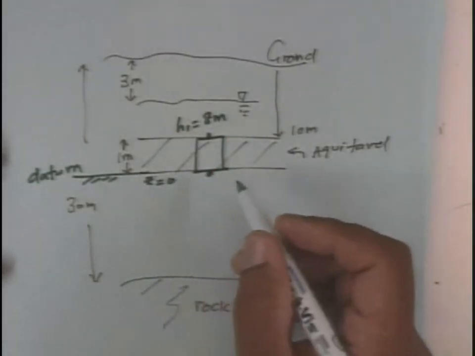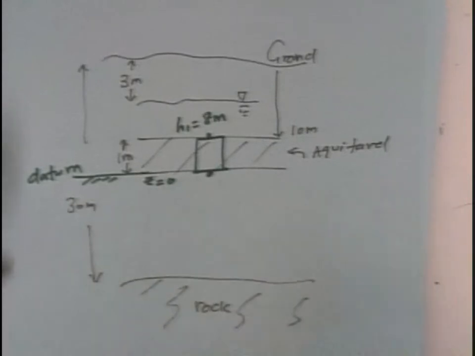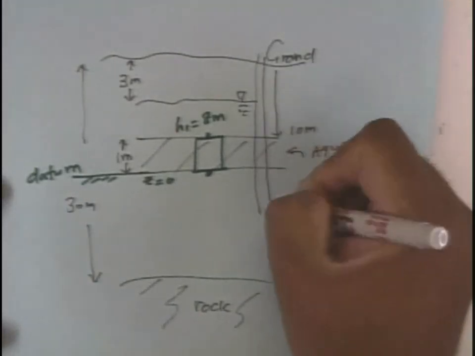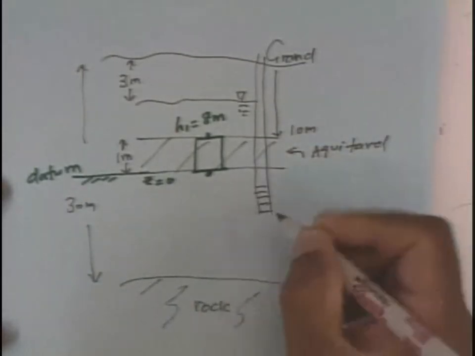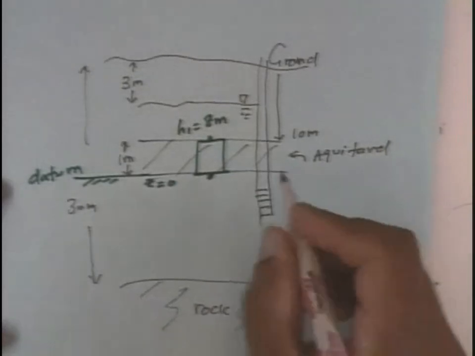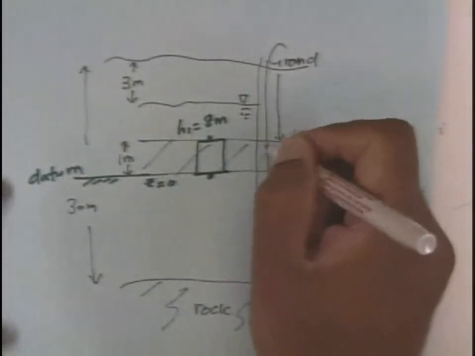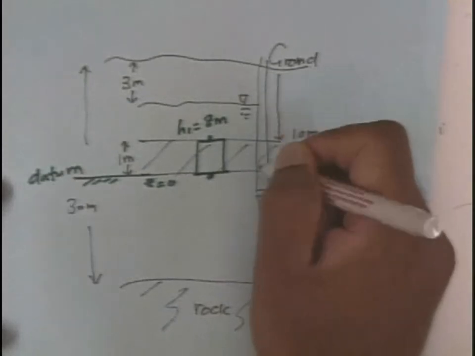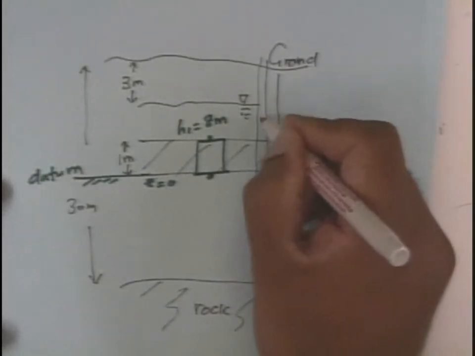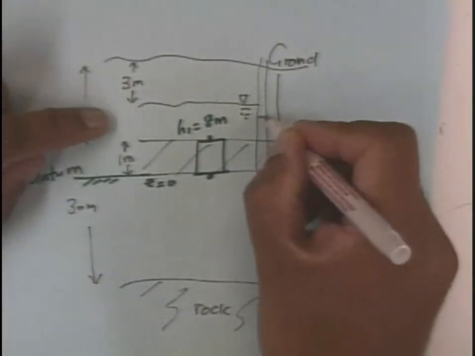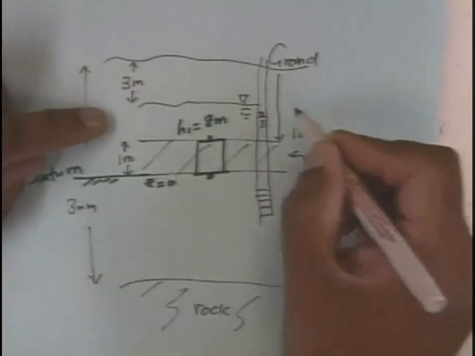What is the H2? Okay, remember the second one said the guy installed a well here, and the water level in the well rose all the way to about 25 meters. So I really don't know exactly where it's 25. It's somewhere here, right?